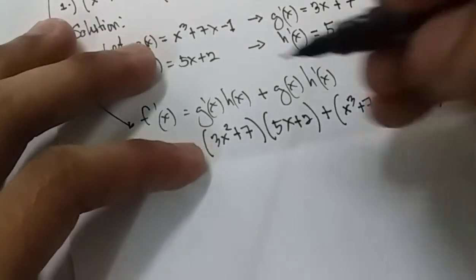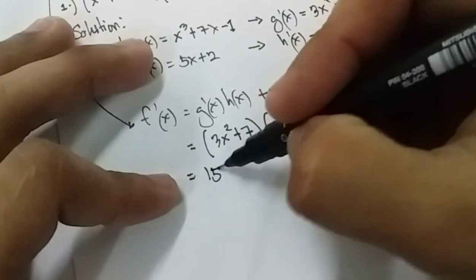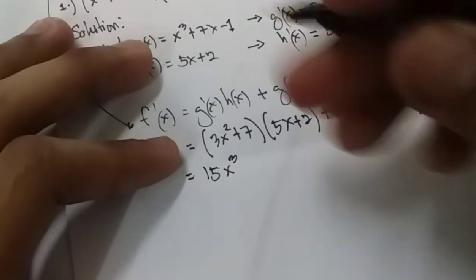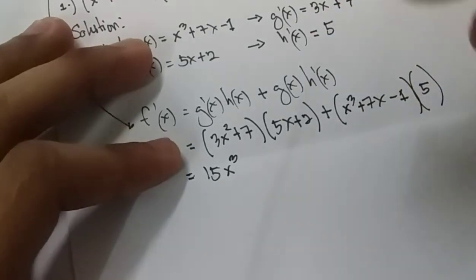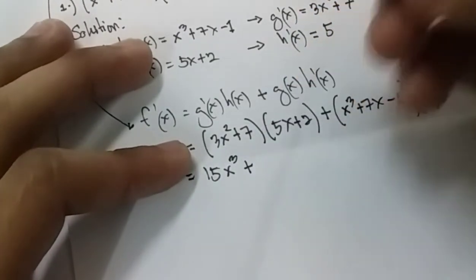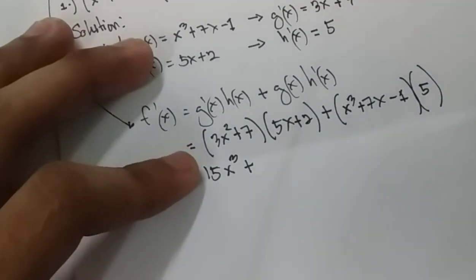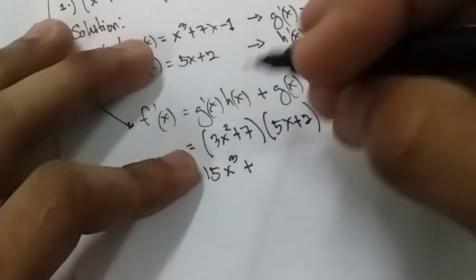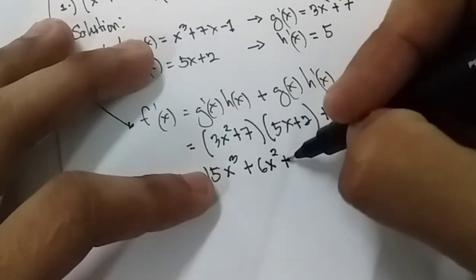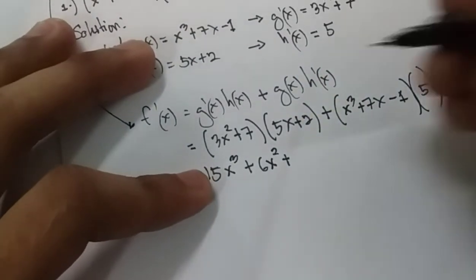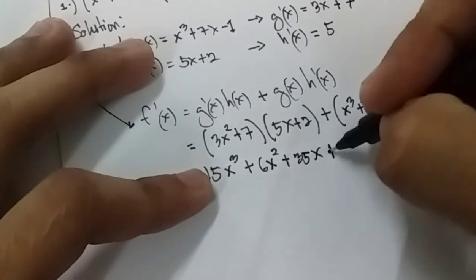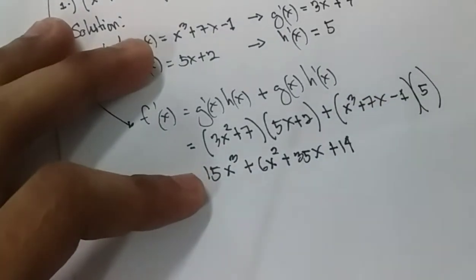So the first term will become 15x cubed: 3 times 5 is 15, x squared times x is x cubed. For the outer, we have 3x squared times 2, so this is 6x squared. For the inner, 7 times 5, 35x. And for the last term, we have 14, 7 times 2.